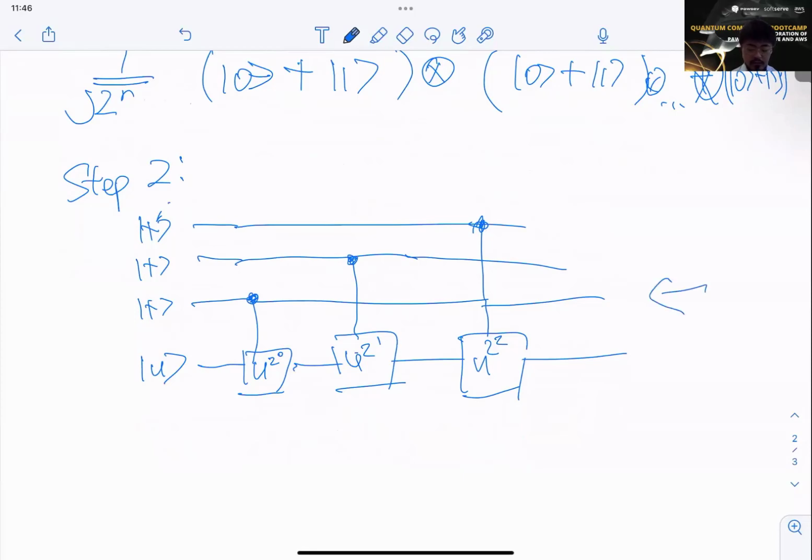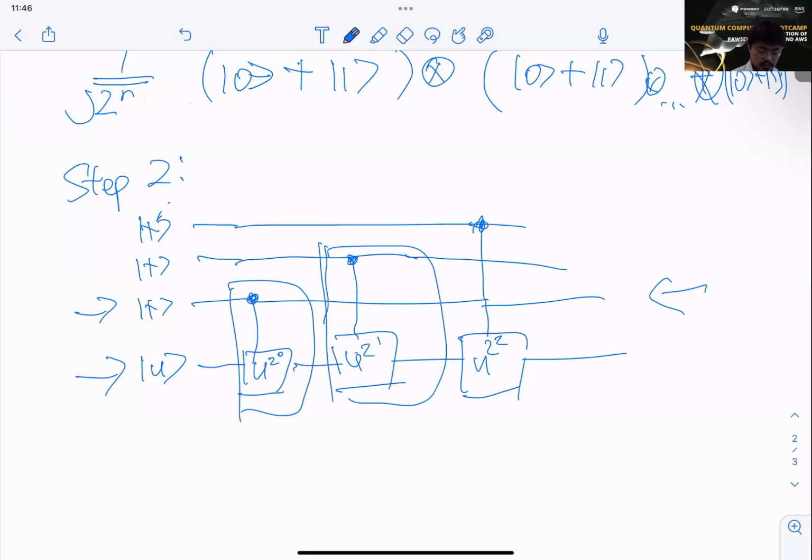You see that all of these controlled U operators are only acting upon one qubit and this register. So this one is only acting upon this one. This one is only acting upon this qubit and this qubit. This one is only acting upon this qubit and this qubit. Okay, so we are going to consider each one in isolation for now.